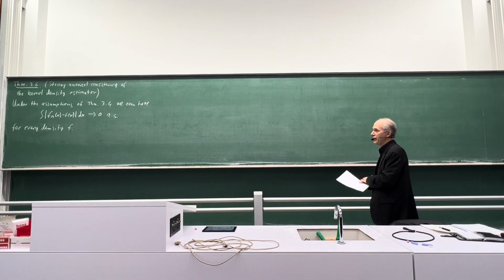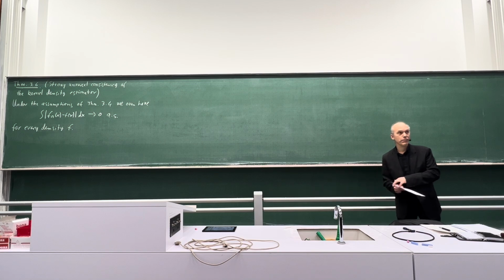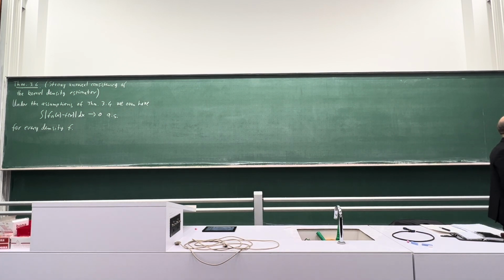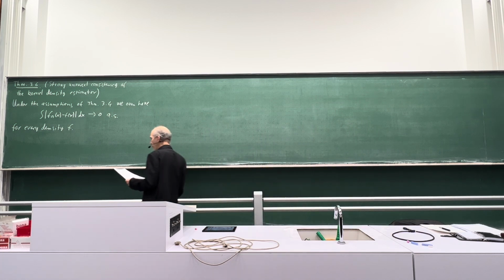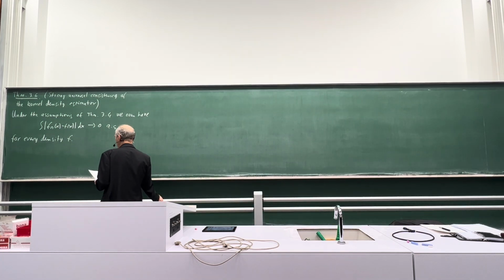So we know that under theorem 3.4 the expectation of this one goes to 0, and now we just need to prove that the random L1 error minus its expectation goes to 0, and for this we use the next theorem, theorem 3.7, the inequality of McDiarmid.